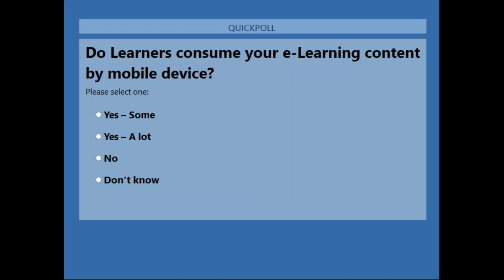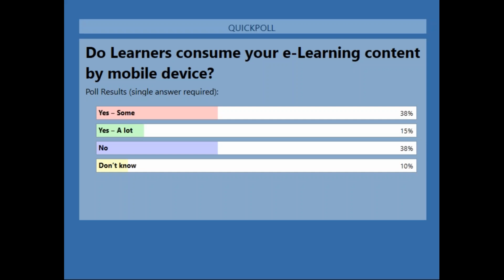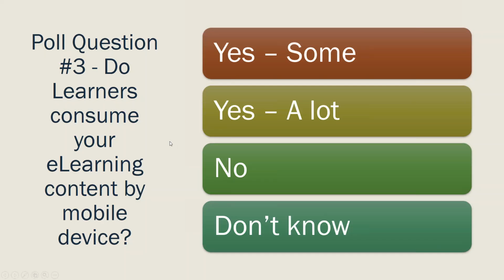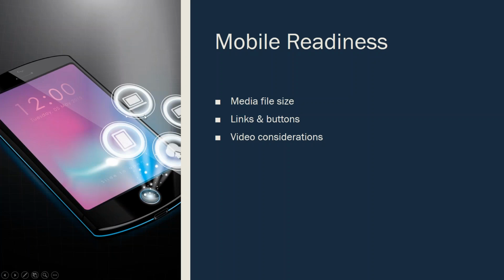From that, I just wanted to have that thought in your head. When we're adding any of these items, you want to make sure that you're testing, and understanding what your learner is experiencing. So as you consider those, think about things like how big is the content you're providing, what are the links and buttons that you're using, or the clickable area, or in this case, the selectable area. And as I mentioned, the video considerations, making sure that they play on each.